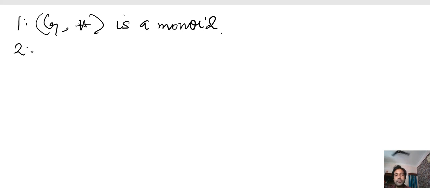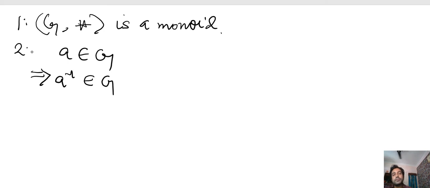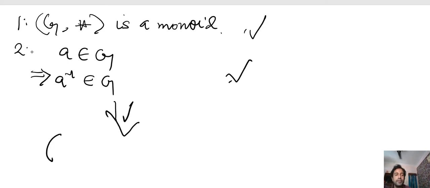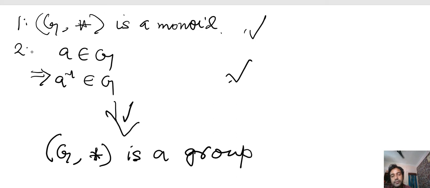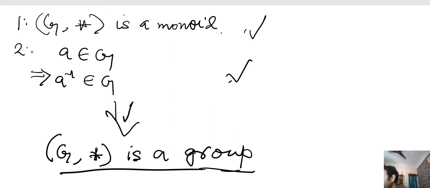The second property is, say A belongs to G, then A inverse also belongs to G. If these two hold, they both hold, then G star is a group. This is a group.